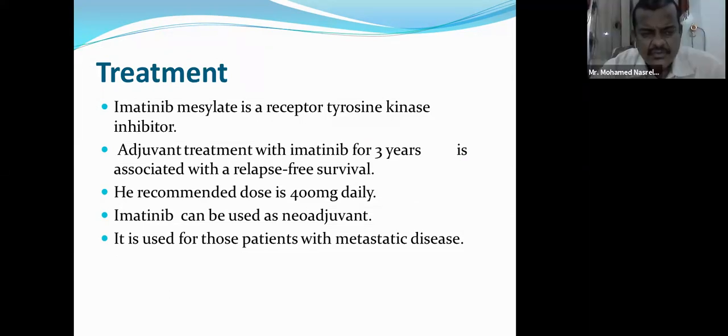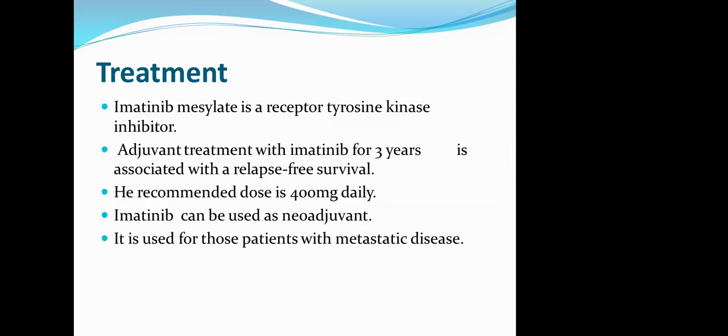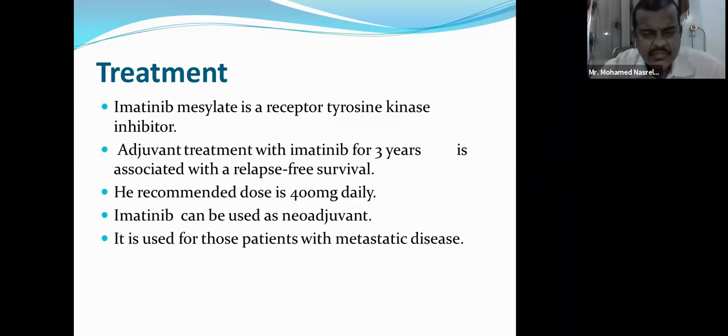It is recommended at a dose of 400 milligrams, and imatinib can be used as neoadjuvant, especially in patients with metastases, for those with liver metastasis and peritoneal metastasis. It is used for those patients with metastatic disease.